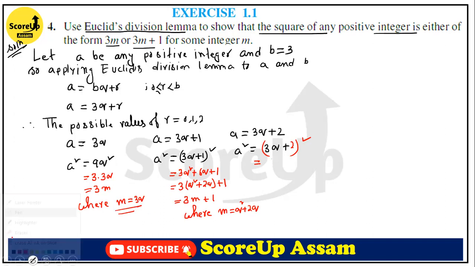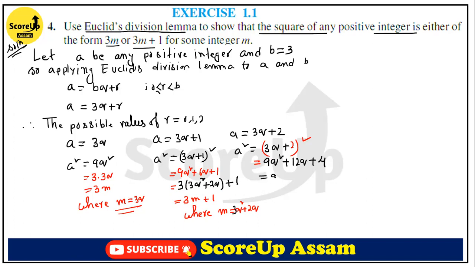In this case, when we break it, here it will be 9q squared. Then after that we have the common terms. If we take 3 common here, then it will be m, that is 3q squared plus 2q. So m is 3q squared plus 2q. Here it will be 9q squared plus 12q plus 4.